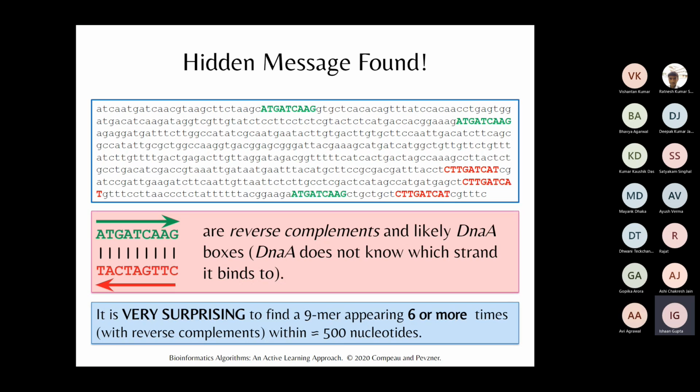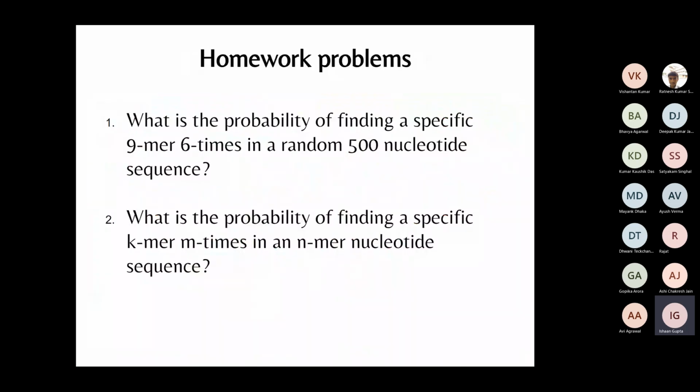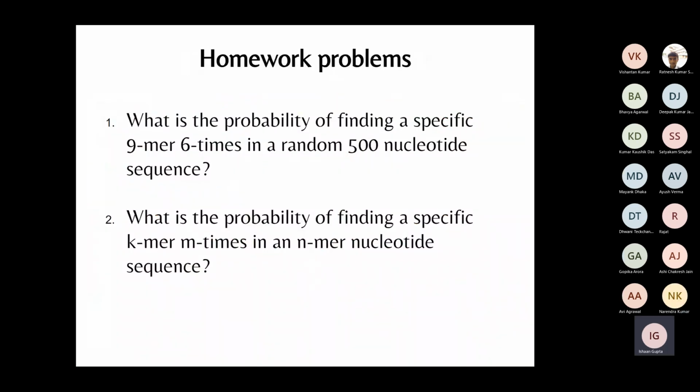It is very surprising to find 6 or more 9-mers within a short span of 500 nucleotides. So here I gave you 2 homework problems. I hope you have worked on these. Does anybody know the answer?